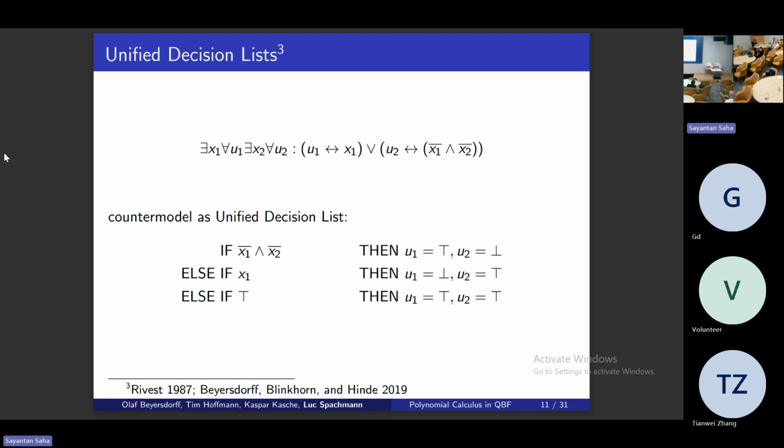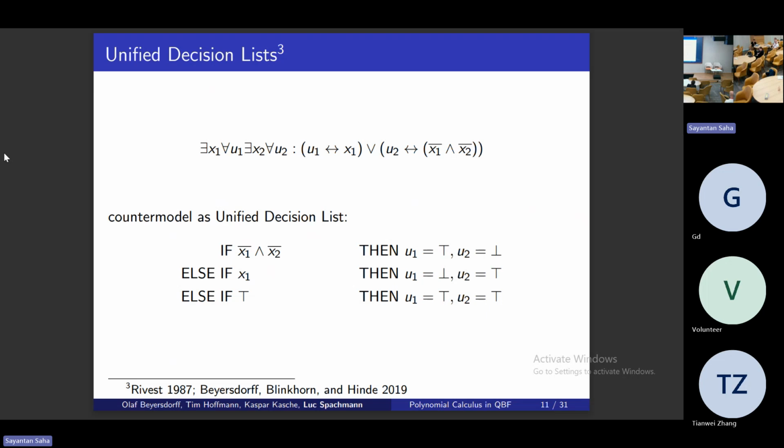This technique is based on decision lists, especially on unified decision lists, which were also introduced for the resolution case. So for Q-resolution or QU-resolution, with the oracle, it's the same thing. Perhaps I should say before that the decision list should calculate the counter model.